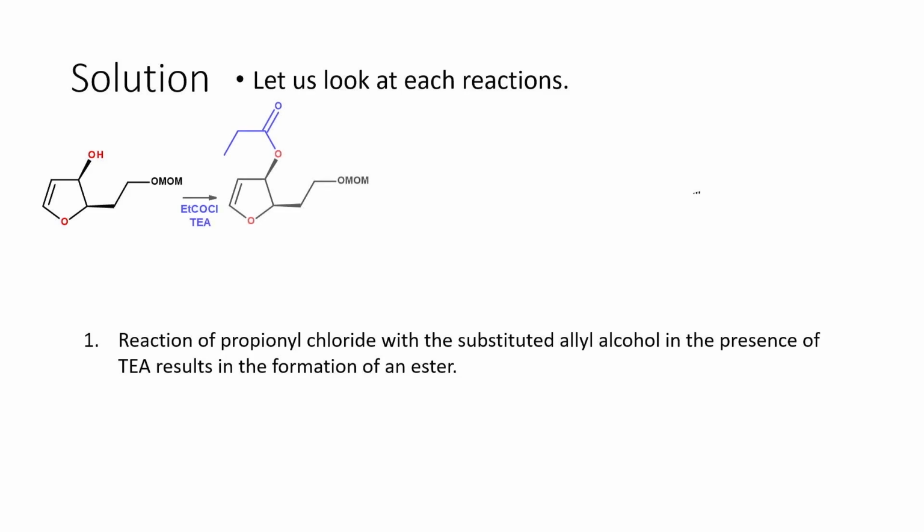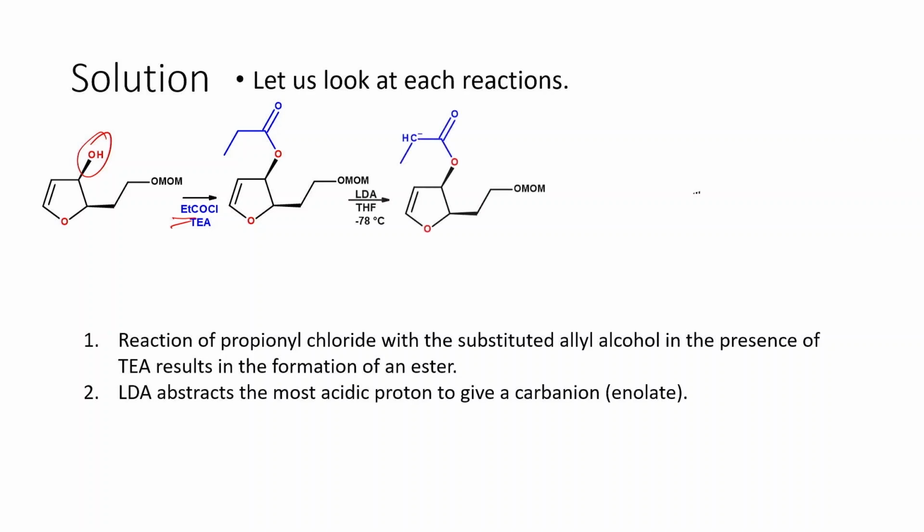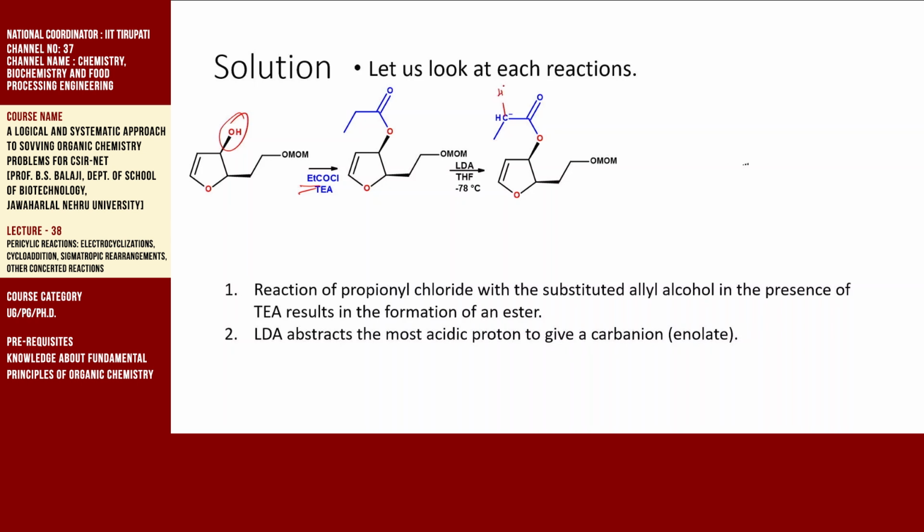So let us look at how the reaction actually proceeds. We have a hydroxy unit which is treated with the acid chloride, leading to the formation of an acyl derivative. This is a simple reaction. Then treatment with LDA abstracts the most acidic hydrogen atom.